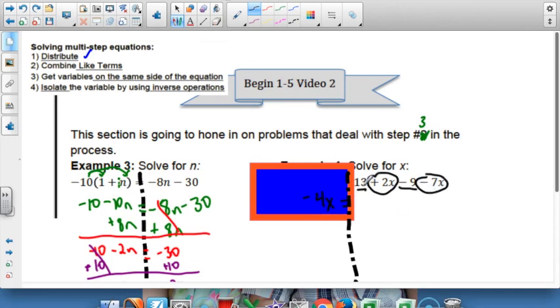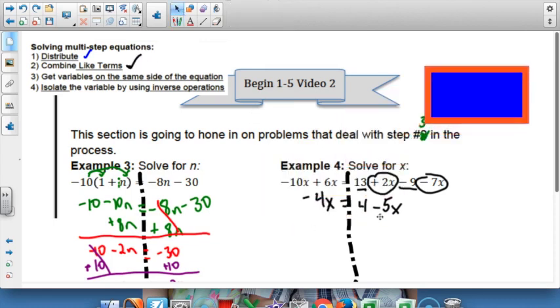So when I combine these like terms, 13 minus 9 is positive 4. Positive 2 and negative 7 is going to be negative 5x. So I'm going to write minus 5x there. Now that's simplified. There's no distribution. There's no like terms. So I can say like terms are finished. I can move my little box out of the way. And now I'm ready to move on to step 3.